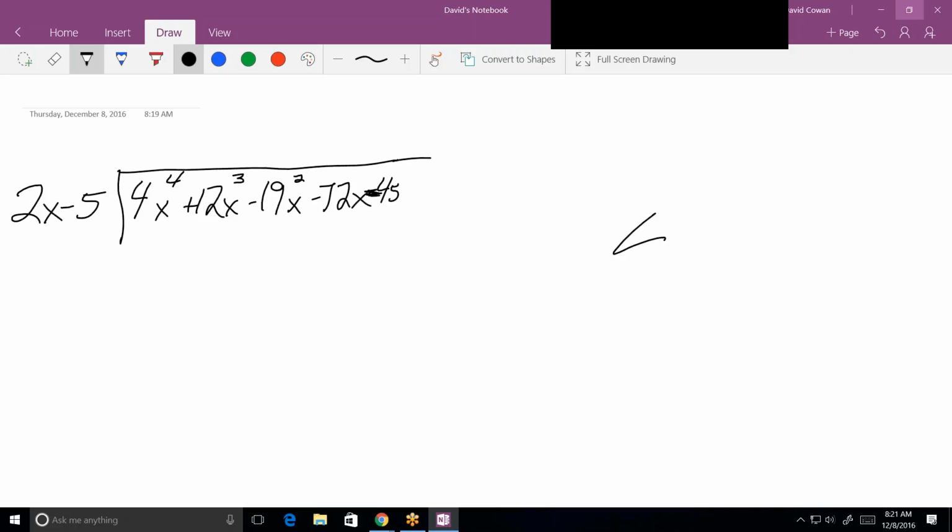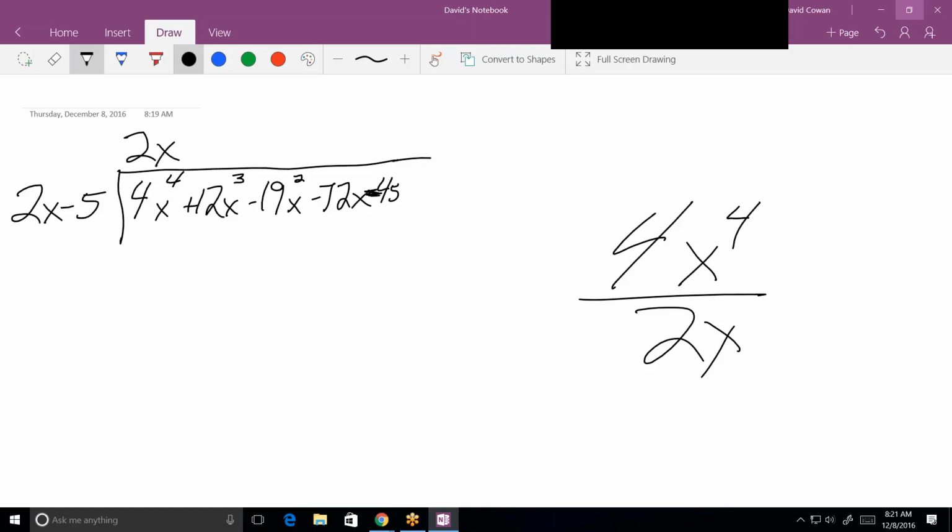Which is the same as saying 4x to the fourth divided by 2x. What is that? Wouldn't it be 2x to the third? Yeah, so that's what goes there. And that's the first step. Always forget the minus 5. Just divide the first variable term into the first variable term.